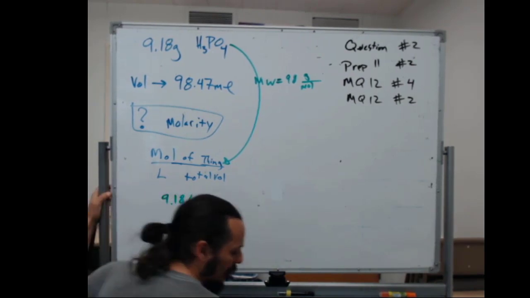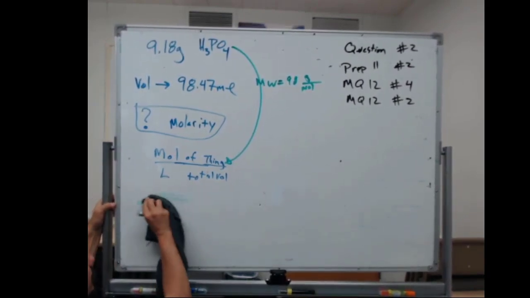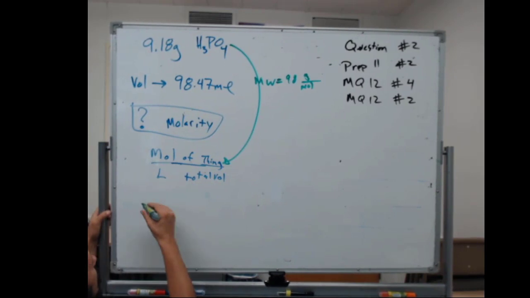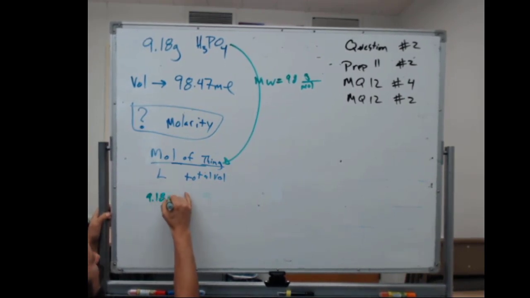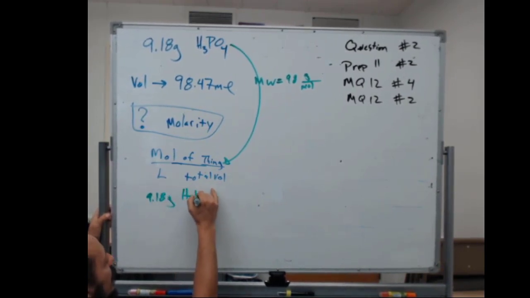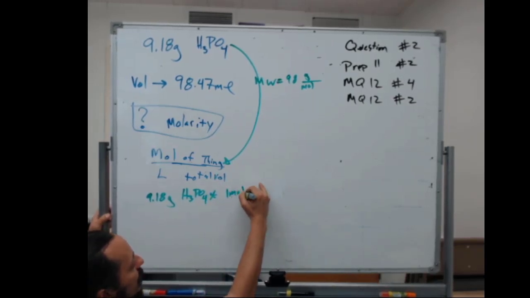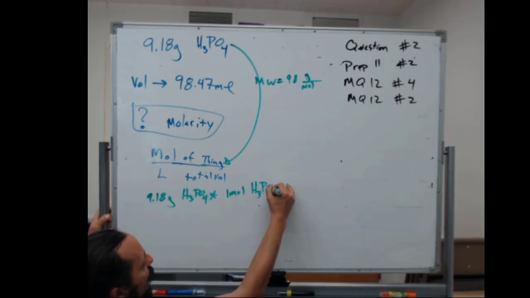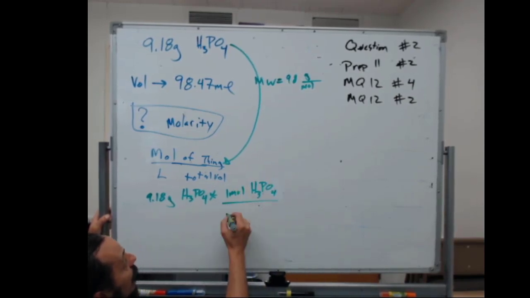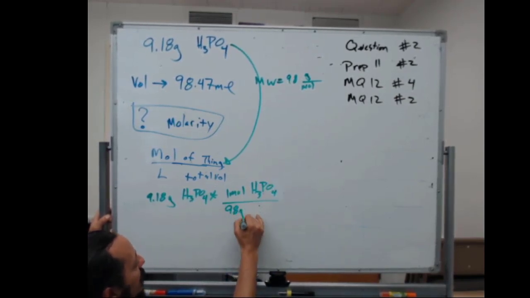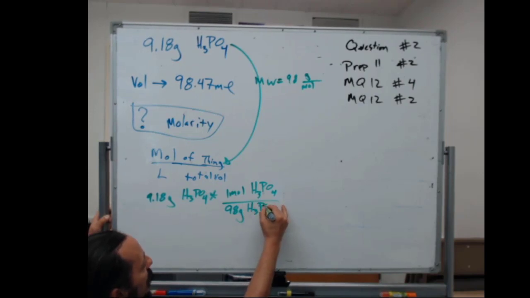Then when we put this together to get our molarity, we're going to have 9.18 divided by, actually let me do it with units specifically just so we can practice this. 9.18 grams H3PO4 times 1 mole H3PO4 per 98 grams H3PO4.